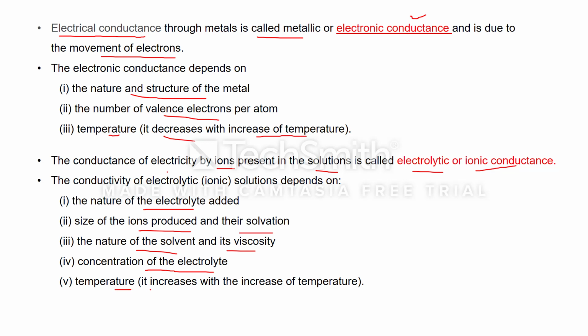Now this is reverse to the electronic conduction. It increases with the increase of temperature. Actually, when we increase the temperature, the force of attraction between the ions decreases. That's why mobility will increase, and hence ionic conductance will increase when we increase the temperature.